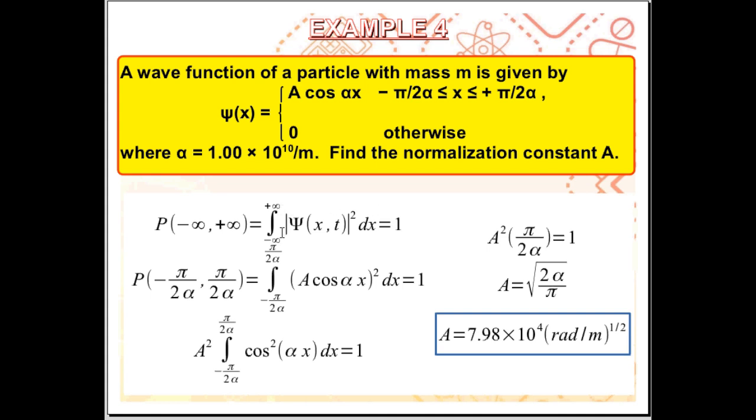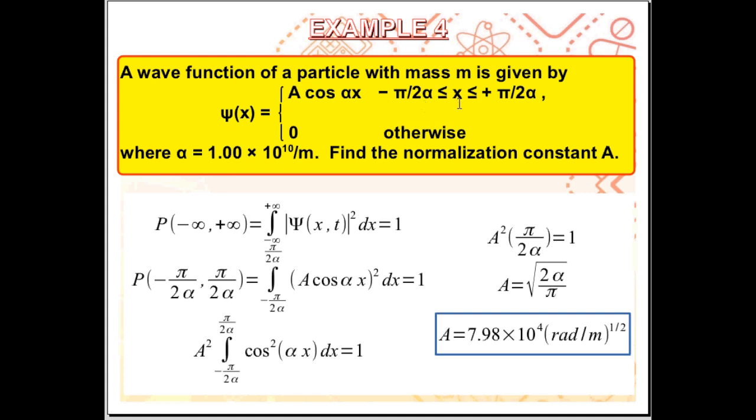The integral from negative infinity to positive infinity of the probability density, the square of the absolute value of psi, dx is equal to 100%. The same goes if we limit the range.